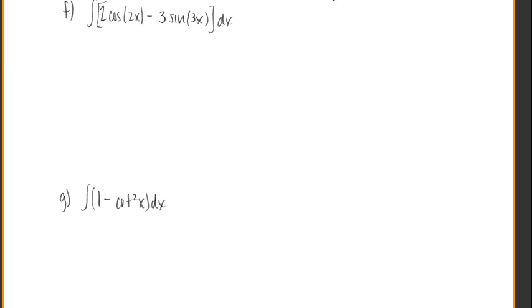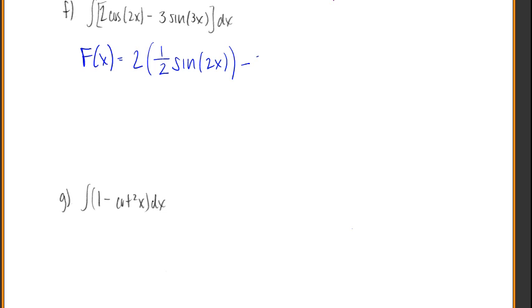Okay, so part F. We have the integral of 2 cosine 2x minus 3 sine 3x. Okay, let's go piece by piece. So the indefinite integral, let's pull off 2. And now we want to focus on finding the integral of cosine 2x. Well, the integral of cosine is just 1 over the number attached to your angle, so 1/2 sine of kx.